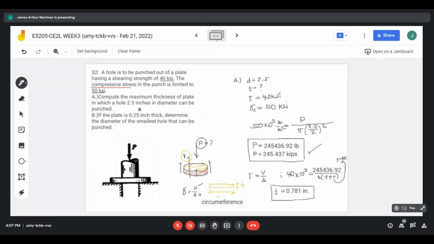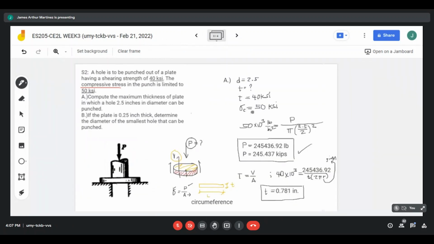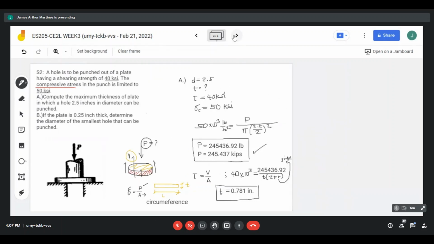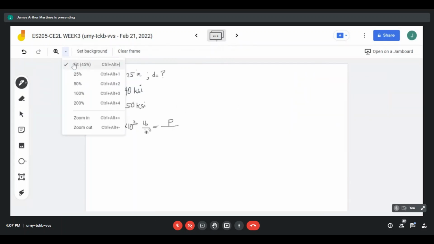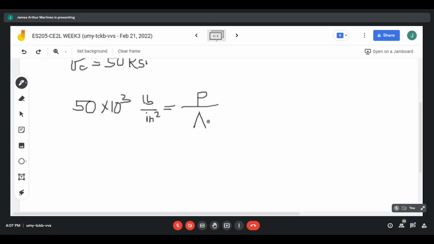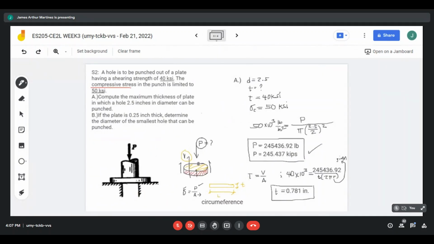Problem B states that the diameter is what we are looking for. P over A, where A is the area of the circular slug.